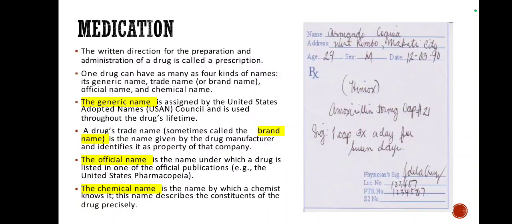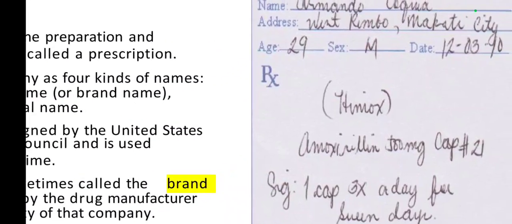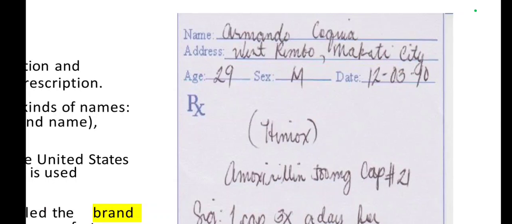So a written direction for the preparation and administration of a drug is called a prescription. Okay, so an example here is the picture we have, which includes the name, the age, the address, the sex, and then the date.